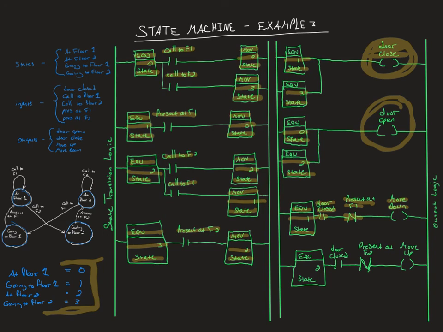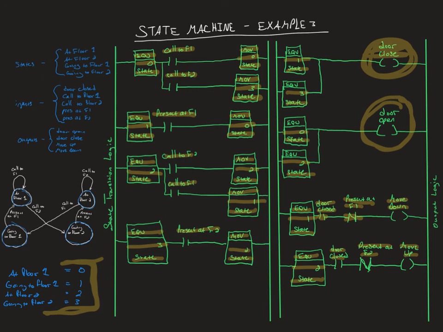So that works. And we've duplicated the logic to work for going up to floor 2. So if we are in the state which is going to floor 2, and the door is closed, and we're not already at floor 2, then move up.